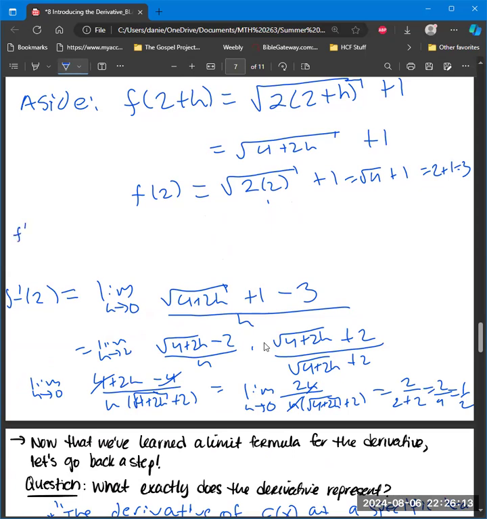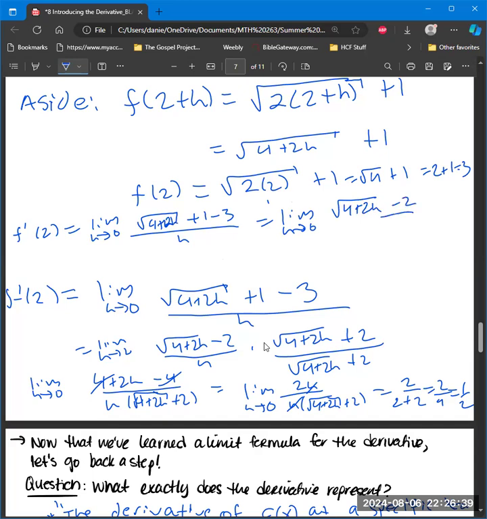So f prime of 2 is the limit as h goes to 0, root of 4 plus h plus 1 minus 3 over h, equals the limit as h goes to 0 of root 4 plus 2h minus 2 over h.